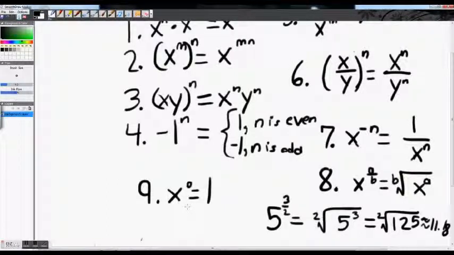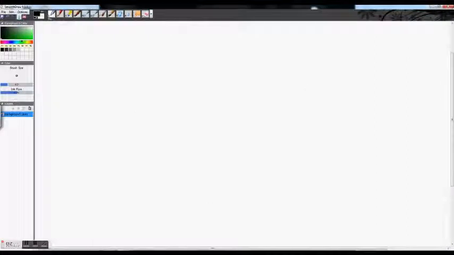Now let's look at some examples. Let's clear this. How about this? 5a squared times 4a cubed.